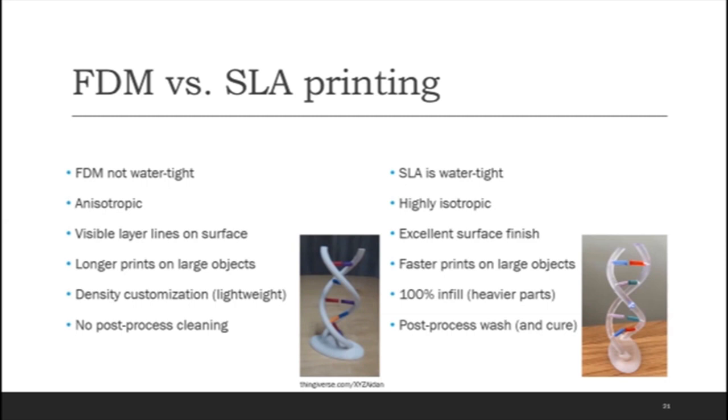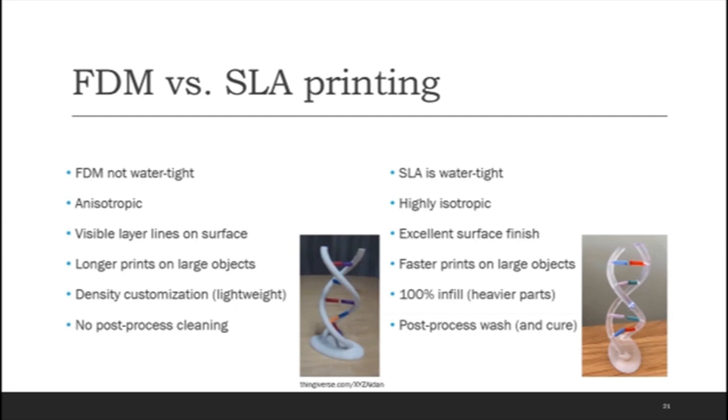But SLA defaults to 100% infill. You get a heavy part all the time, and you do need to use supports to hold that to the print because it prints upside down. So that's something to take into consideration when you want to choose what printer to use.